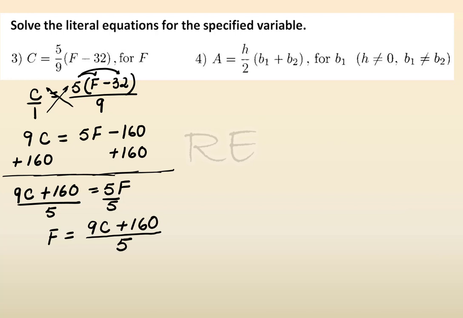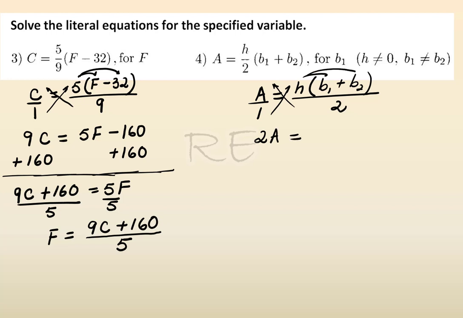We're gonna write a is equal to h over 2 times b1 plus b2. We're gonna write it as a over 1 is equal to h times b1 plus b2 over 2. When we cross multiply, we get 2a is equal to, and we distribute, hb1 plus hb2.